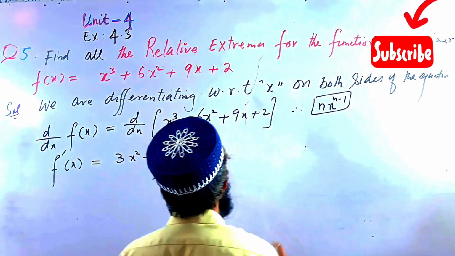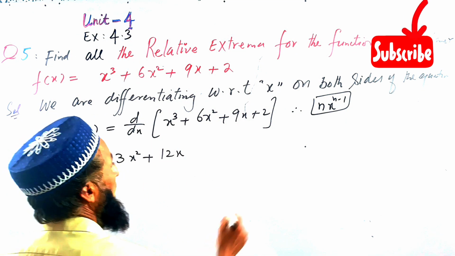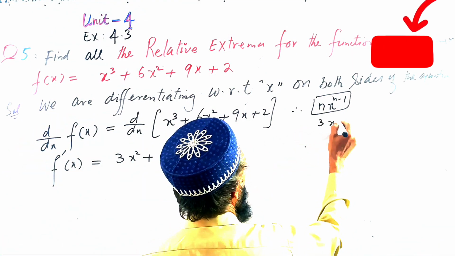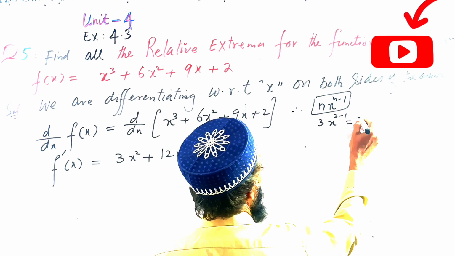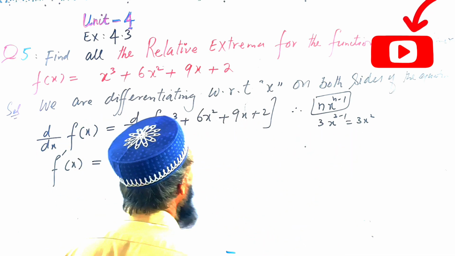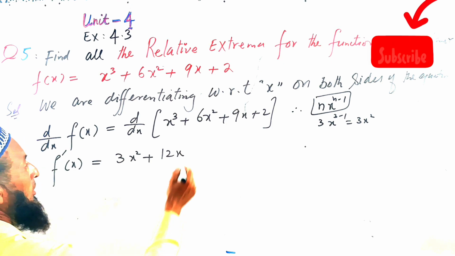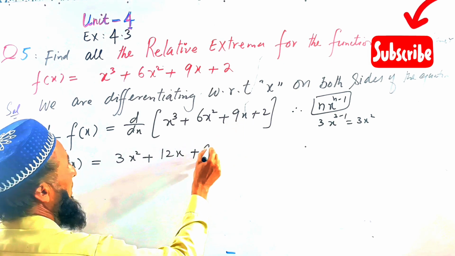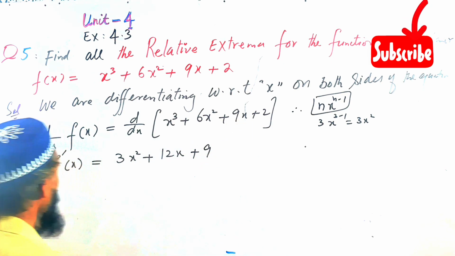According to this rule, 3x^(3-1) = 3x², so the derivative of x³ is 3x². Now the derivative of 9x is 9, and the derivative of the constant 2 is 0.